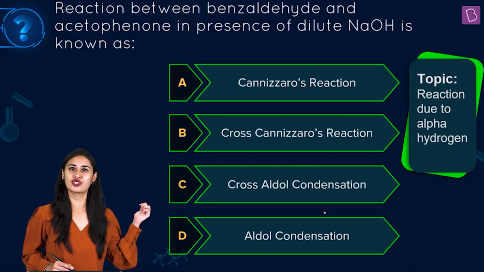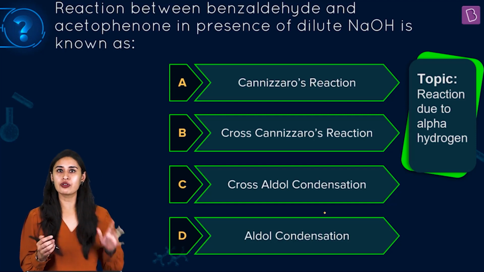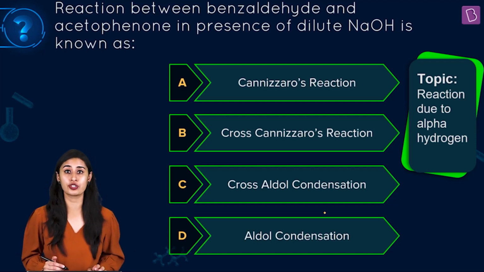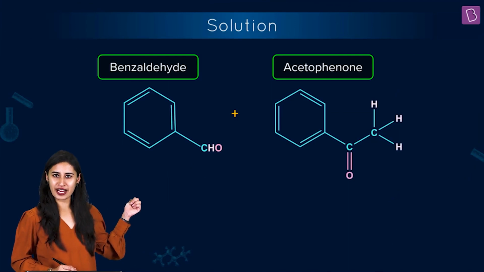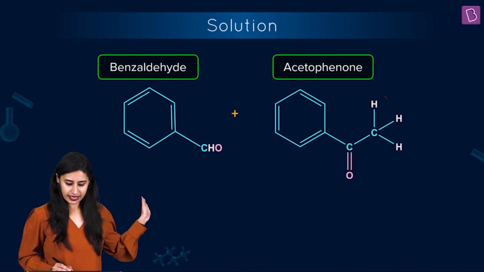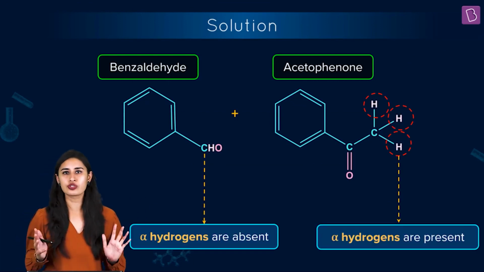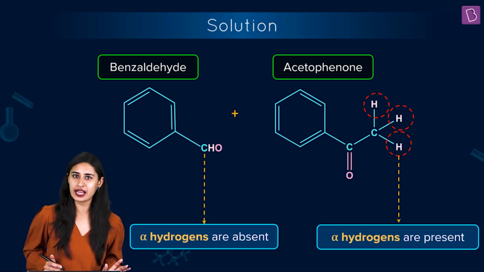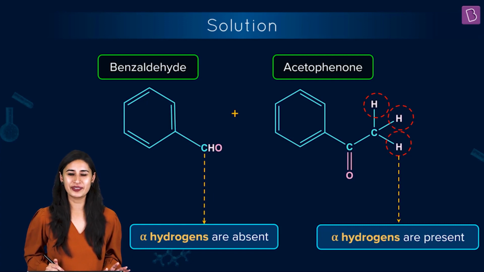Let me show you the structures, and first thing first, let's figure out which has alpha hydrogen and which doesn't. Check it out. So benzaldehyde, you can see there's no alpha hydrogen. Acetophenone, you can see there are alpha hydrogens present, right? So our benzaldehyde has no alpha hydrogen, acetophenone has alpha hydrogen, okay?